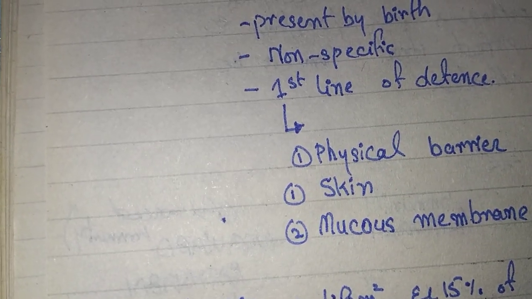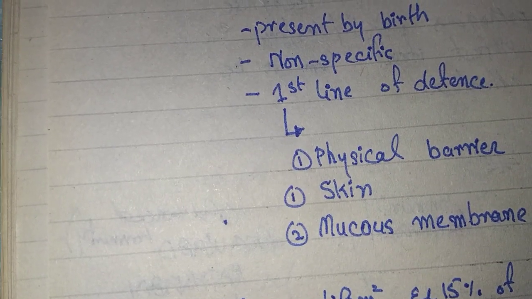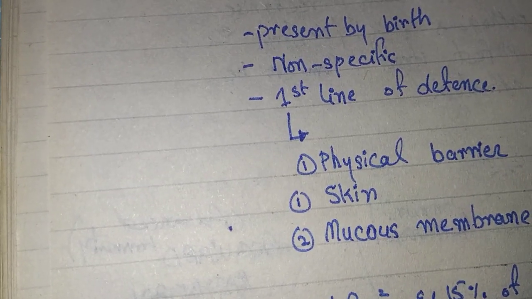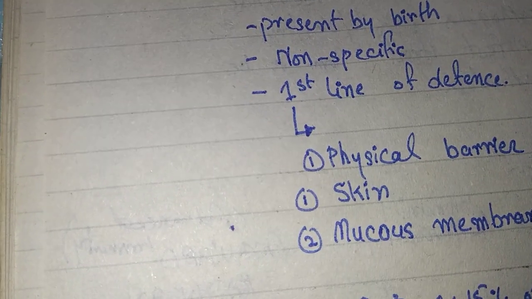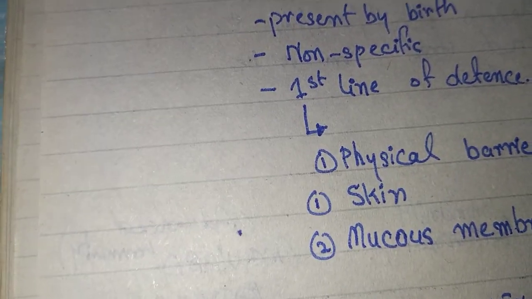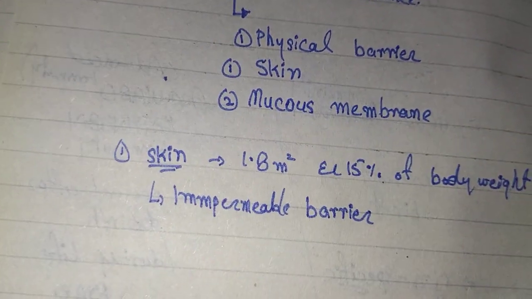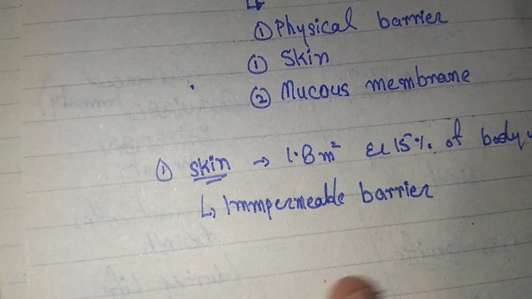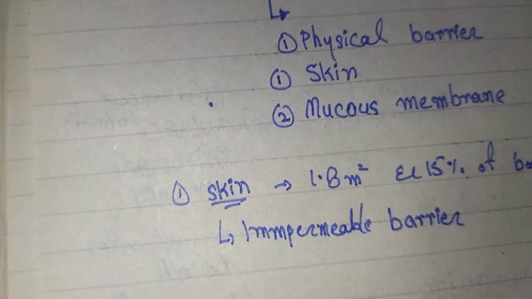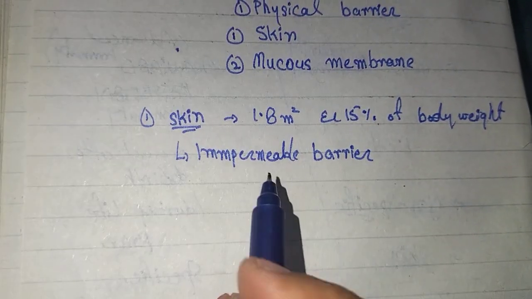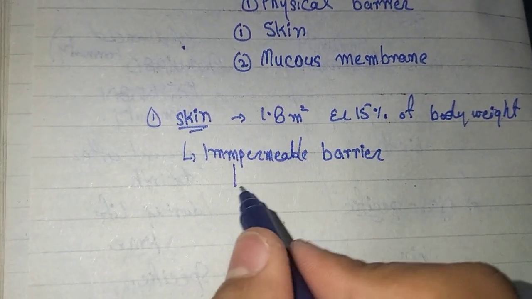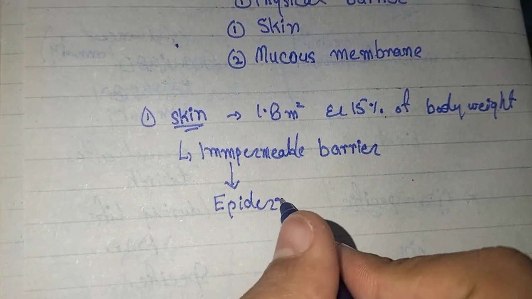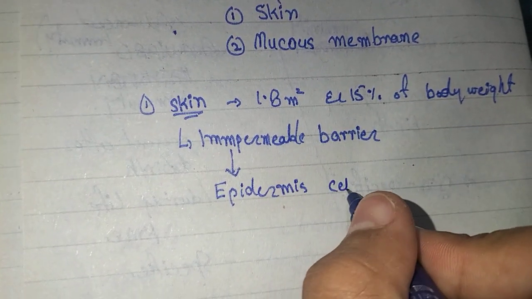It is known as the impermeable barrier, because it stops the entrance of pathogens into the body. It consists of epidermis cells.